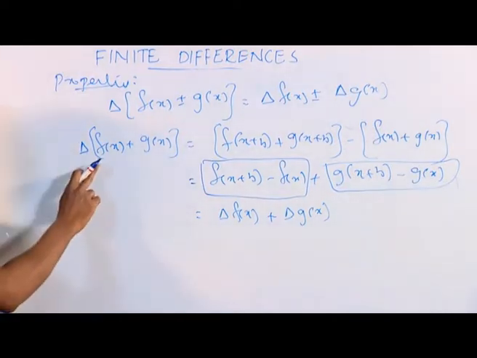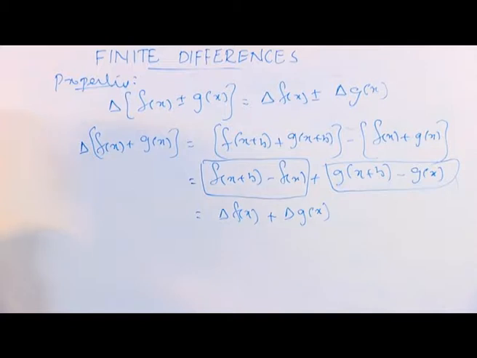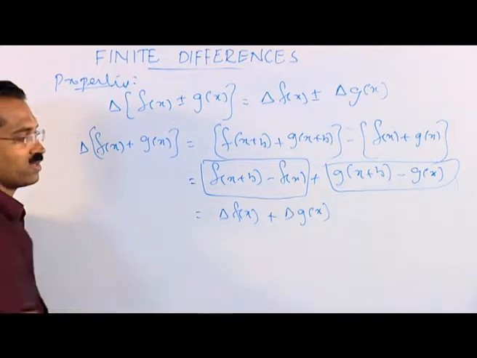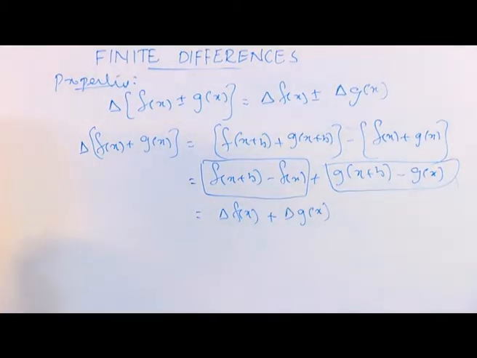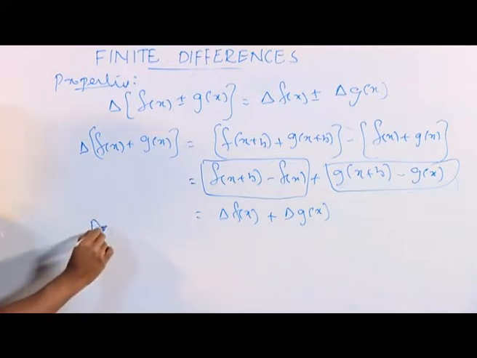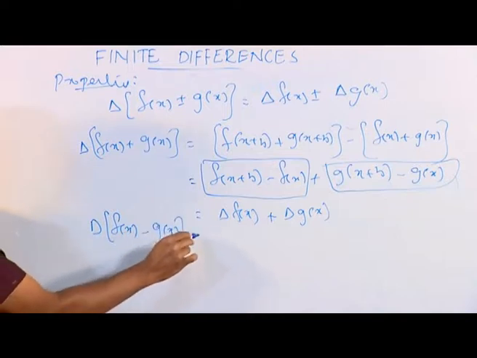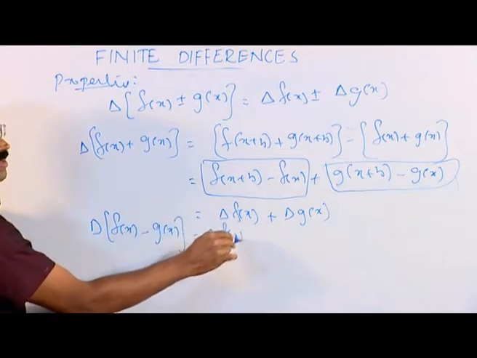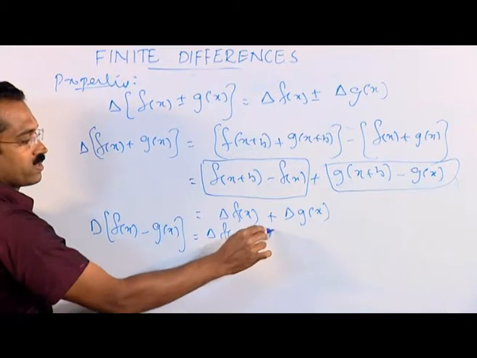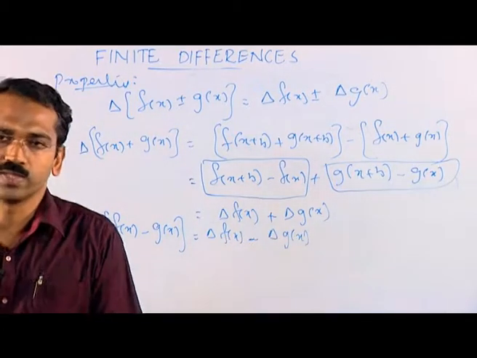That is delta of f of x plus g of x is equal to delta f of x plus delta g of x. Similarly, we can write delta of f of x minus g of x is equal to delta f of x minus delta g of x. This is the second property.